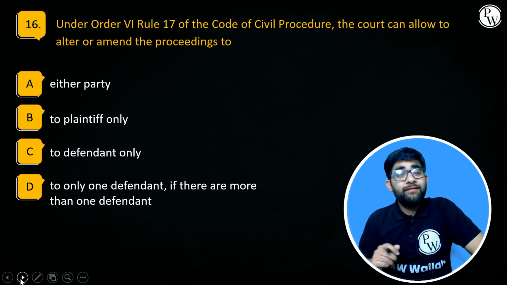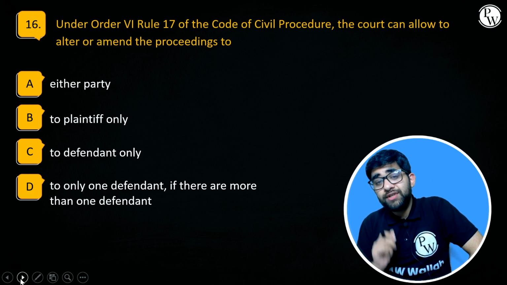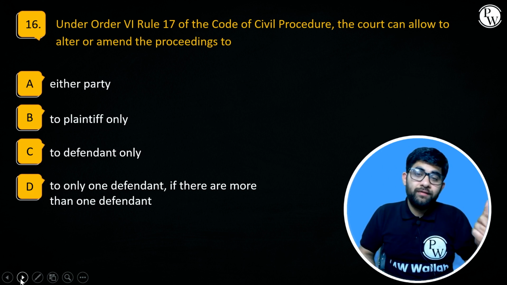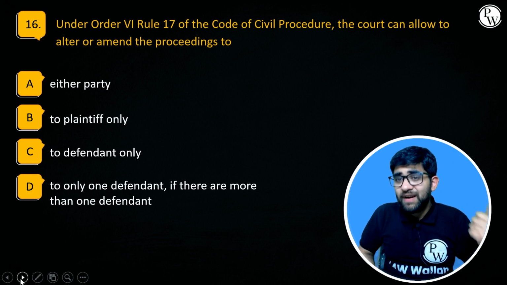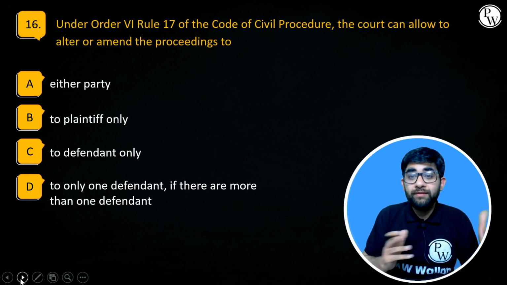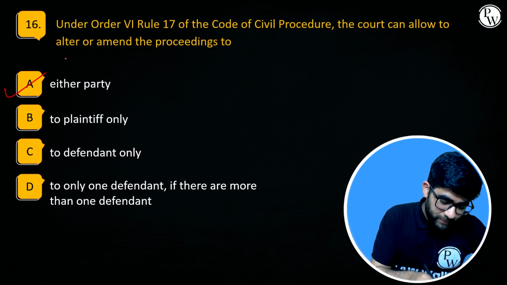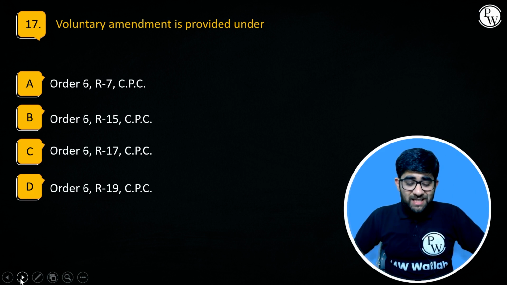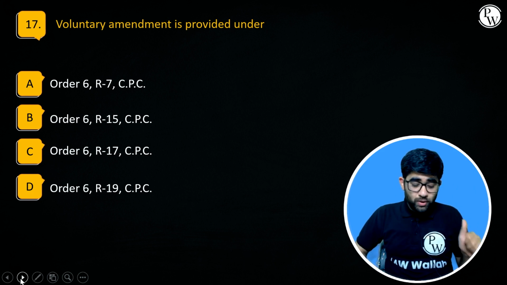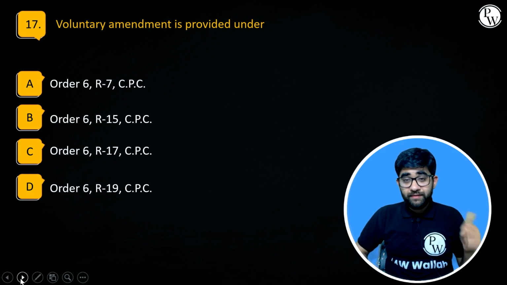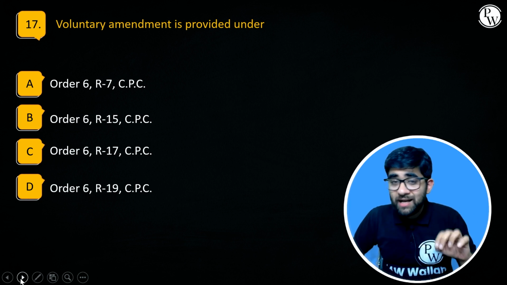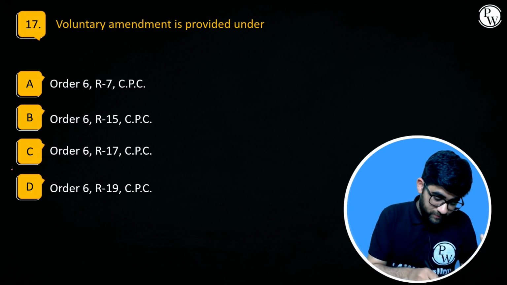So either party can change the pleadings that they have pleaded, because a plaint is the pleading of the plaintiff and the WS is the pleading of the defendant. Next, voluntary amendment is provided under Order 6 Rule 7, Rule 15, Rule 17, Rule 19. The answer is Rule 17.